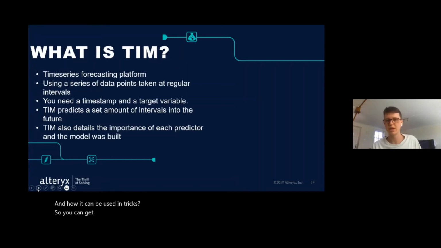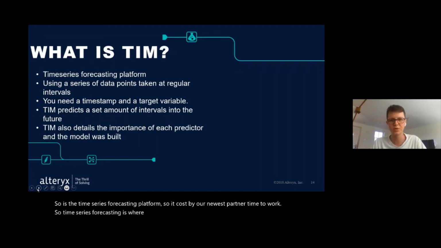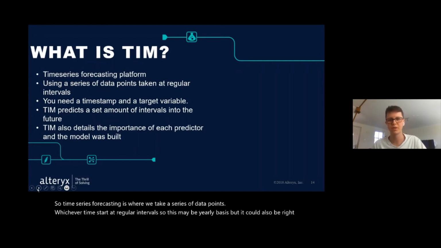So TIM is a time series forecasting platform brought to us by our newest partners, TangentWorks. So time series forecasting is where we take a series of data points which have a timestamp at regular intervals. So this may be yearly data, but it could also be right down to data every second.